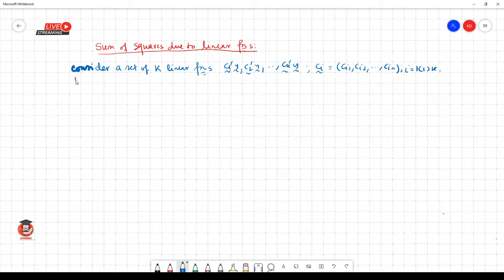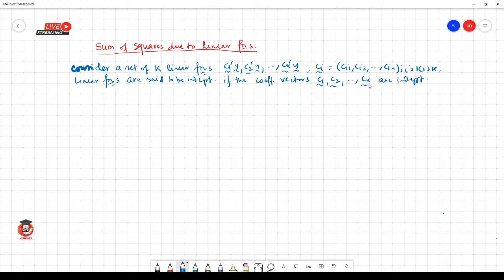Linear functions are said to be independent if the coefficient vectors c1, c2, ..., ck are independent.